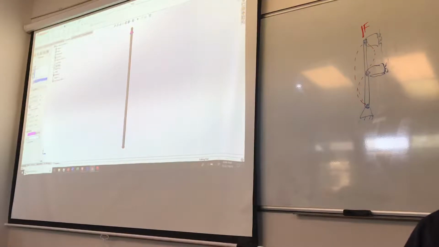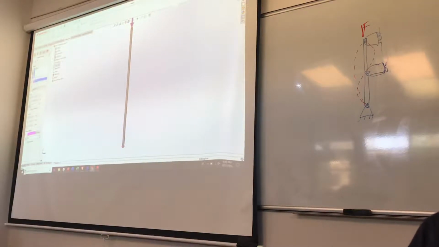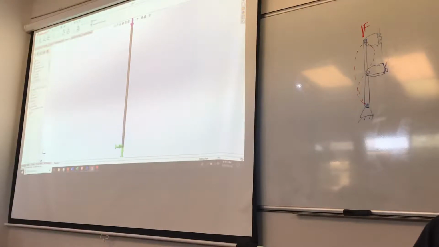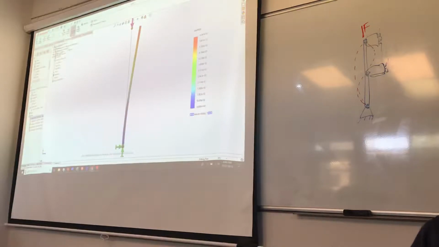Then we're going to tell it to go the other way, and say that's good. Then we're going to mesh this thing up and run the study.